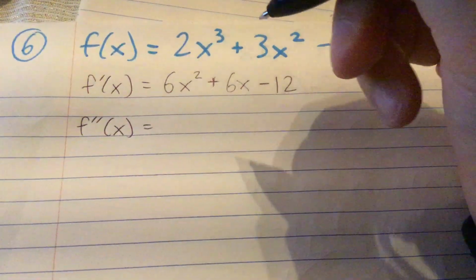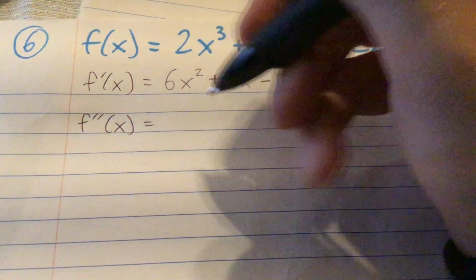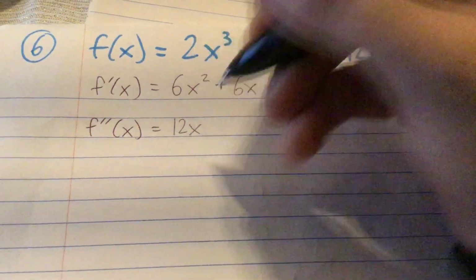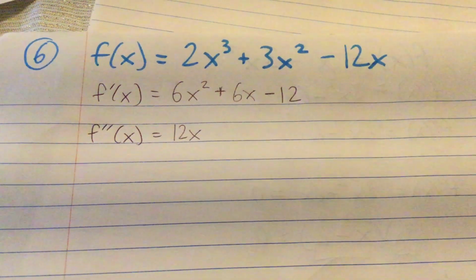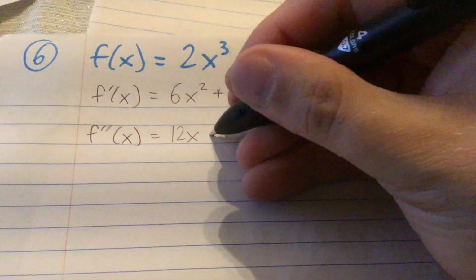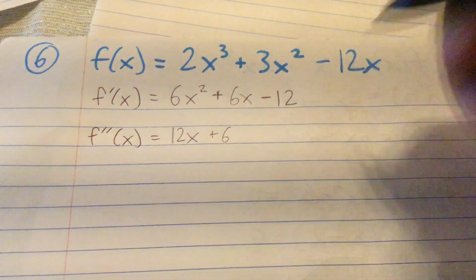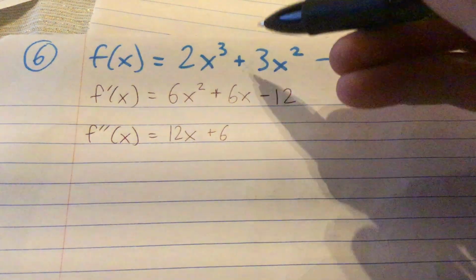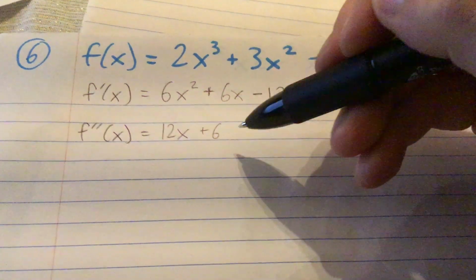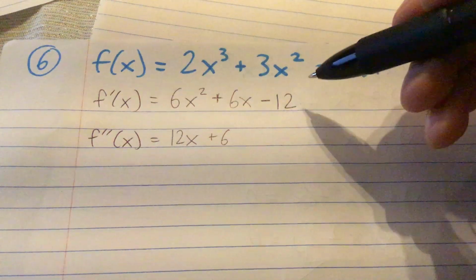Then we can take f double prime of x by saying the derivative of 6x squared would be 12x, the derivative of 6x would be positive 6, and the derivative of negative 12 would be 0. So now I've got my position, my velocity, and my acceleration. Let's solve f prime of x equal to 0.